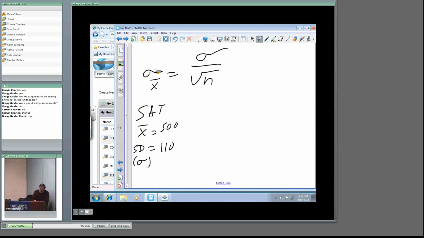My n is 100. My standard error is going to be the standard deviation, which is 110, divided by the square root of 100. My standard error is going to be 11. And by being normally distributed, I know that I can draw a normal curve like I left myself a lot of room for.